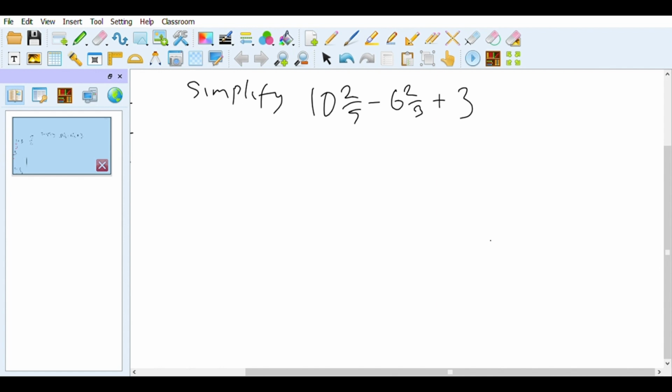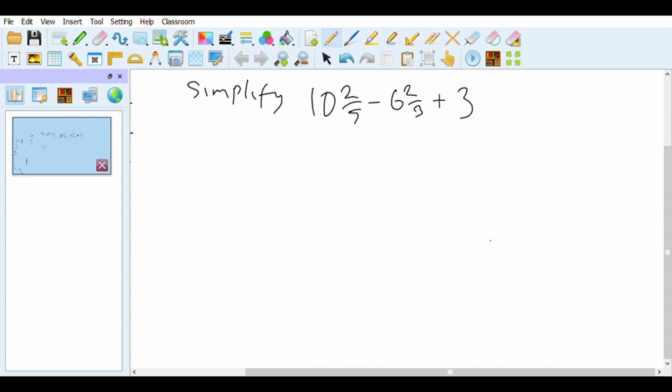So in this case, what are we going to do? We have a denominator of 5 and a denominator of 3, and then we need to find the LCM. But before we do that, these are mixed fractions. If you're very conversant, you can solve it this way, but I will advise you to convert to improper fractions.